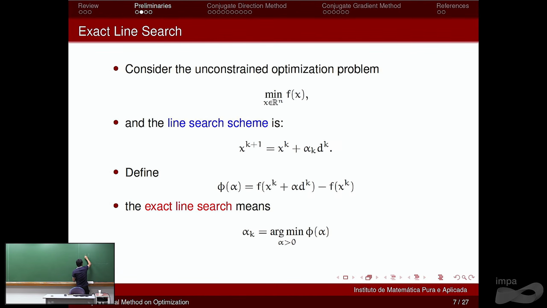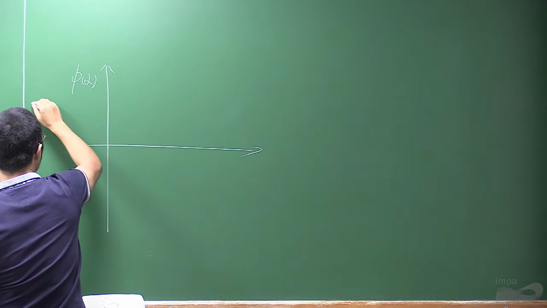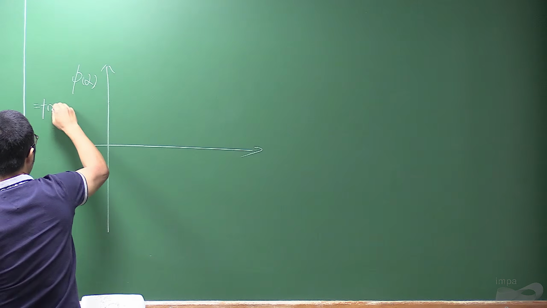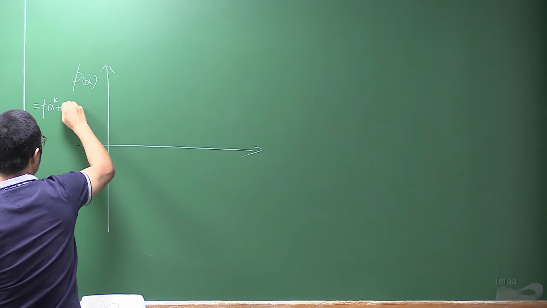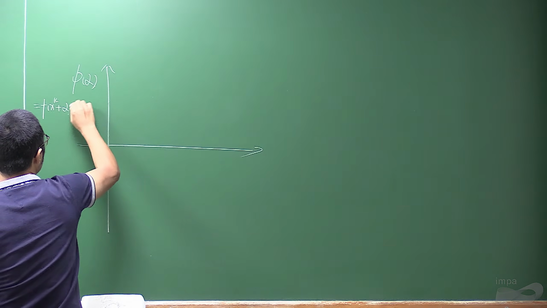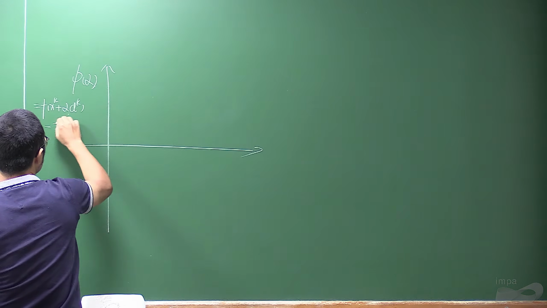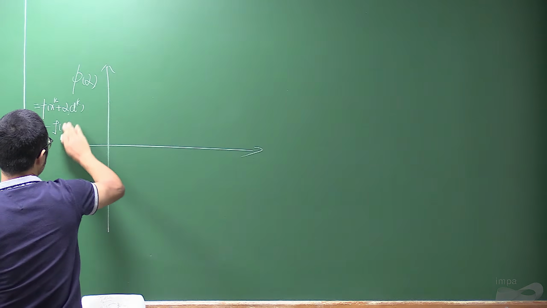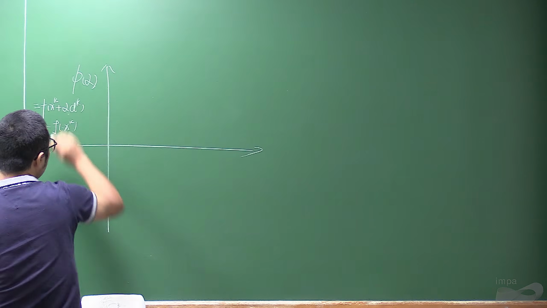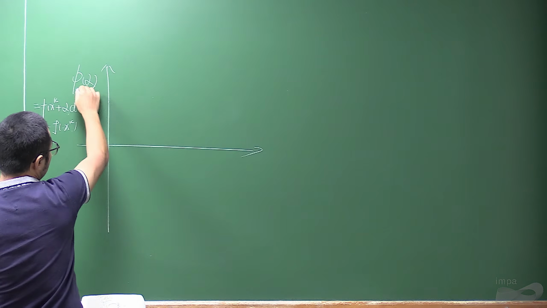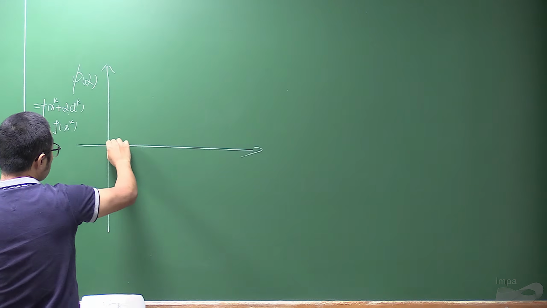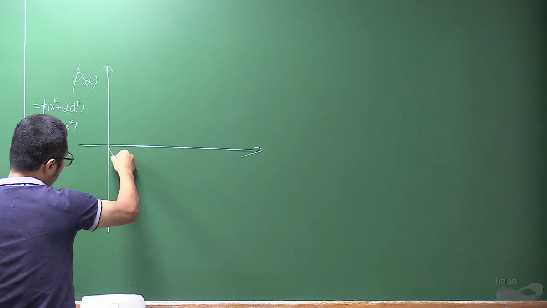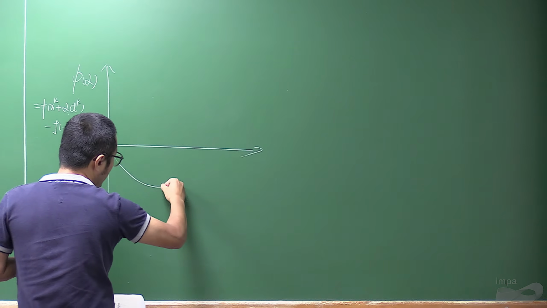This is phi(alpha), which is defined as f(xk plus alpha dk) minus f(xk). When alpha equals 0, phi(0) is equal to 0. Usually this will decrease until some point, and then it will increase.